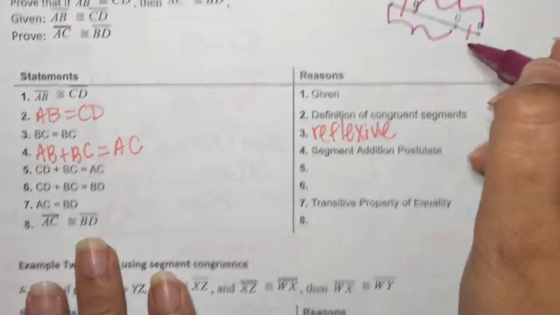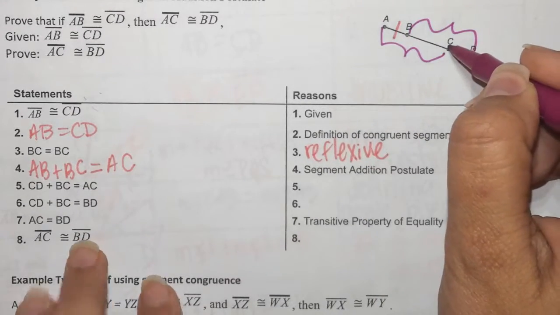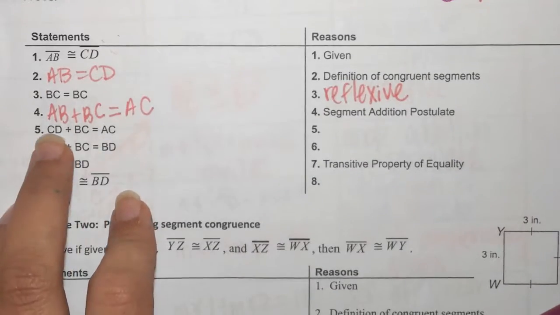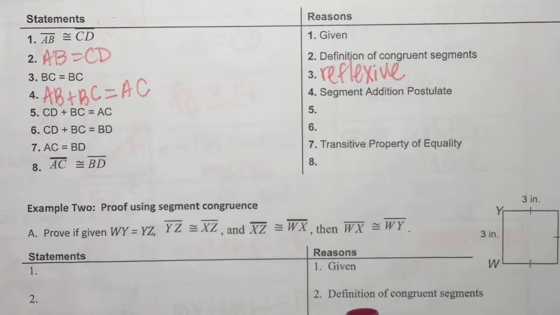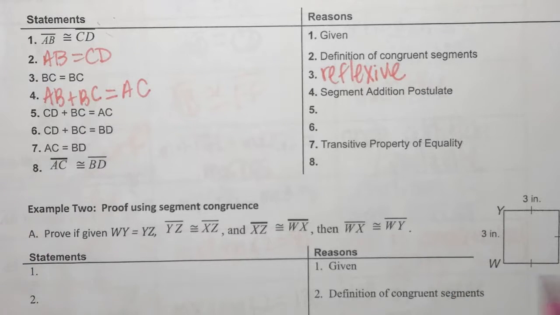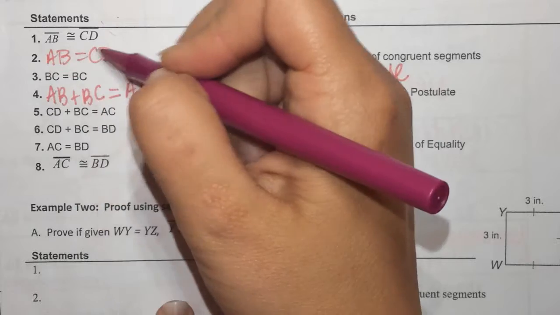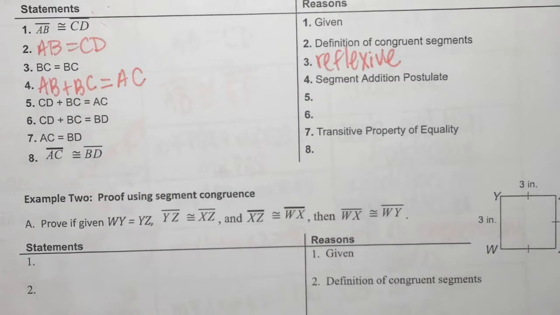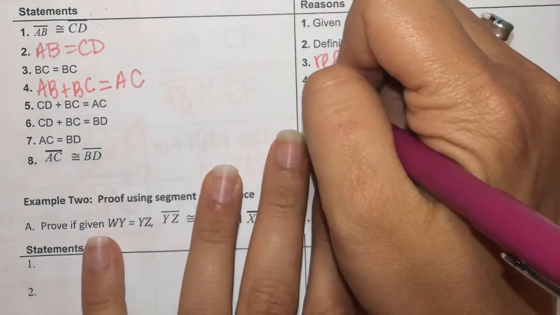Now this says that CD plus BC equals AC. Why? What did they replace? They replaced AB, right? And why did we replace that? If you plug stuff in, what property is that? Substitution. Good.